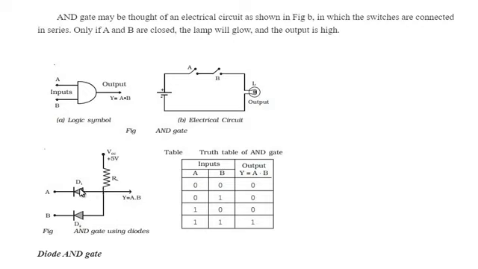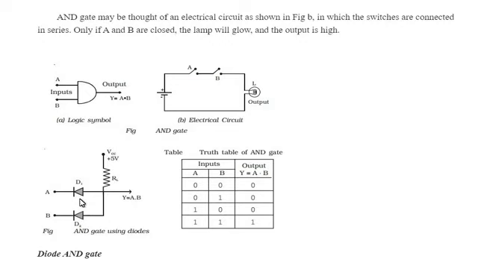In the third case, this diode D1 is in reverse bias direction due to A is equal to 1 and diode D2 conducts in a forward bias direction because B is equal to 0. Therefore, complete voltage drops across RL and output Y will be 0.